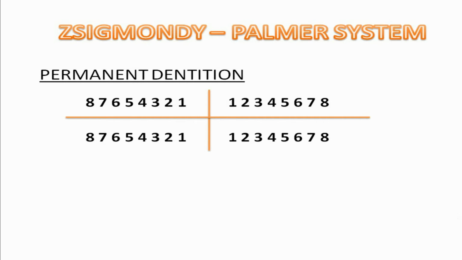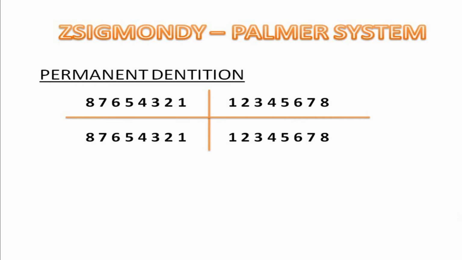Here in permanent dentition, in the Sigmoid system, they write it like this, and most interestingly, each tooth is given a particular number. 1 is for central incisors, 2 is for lateral incisors, 3 is for canines, 4 is for first premolar, 5 is for second premolar, 6 is for first molar, 7 is for second molar, 8 is for third molar.